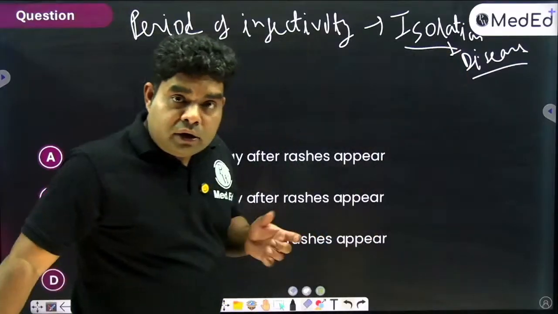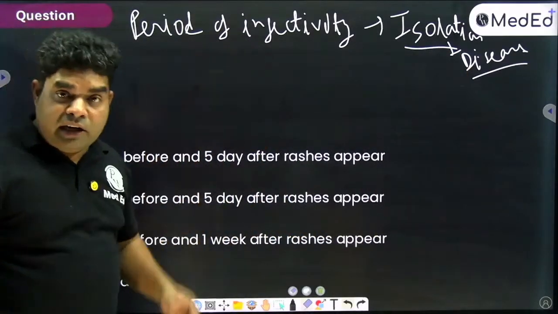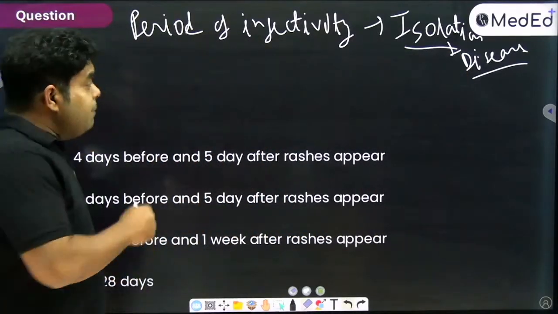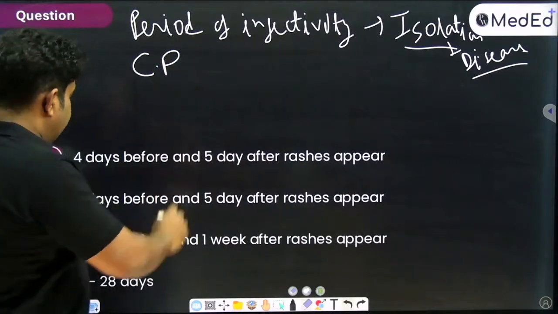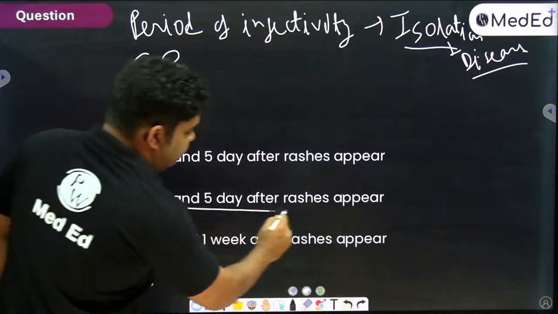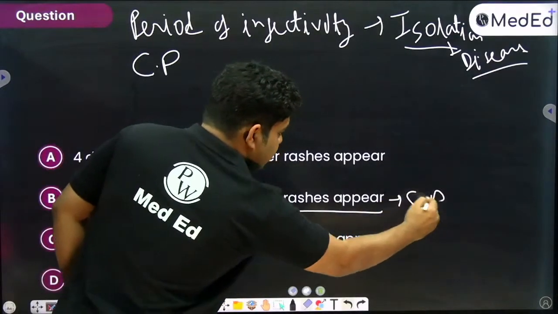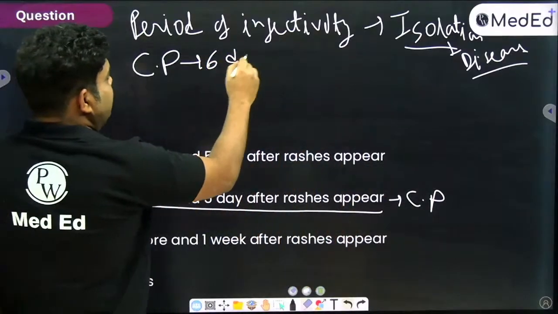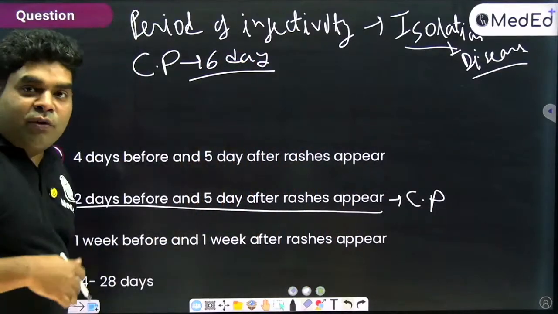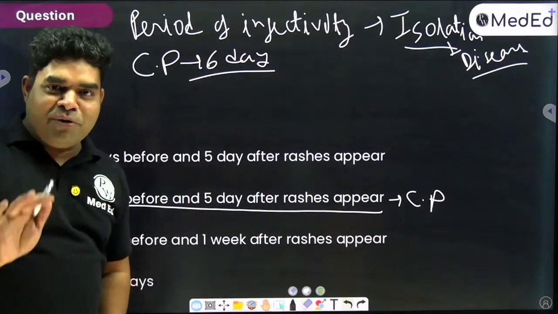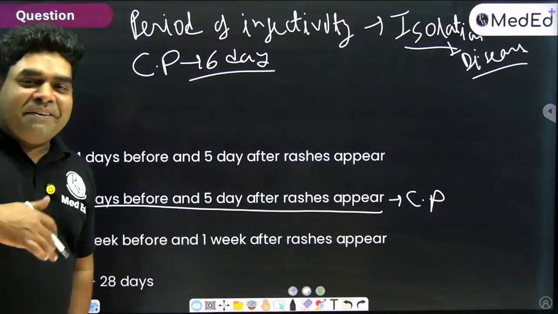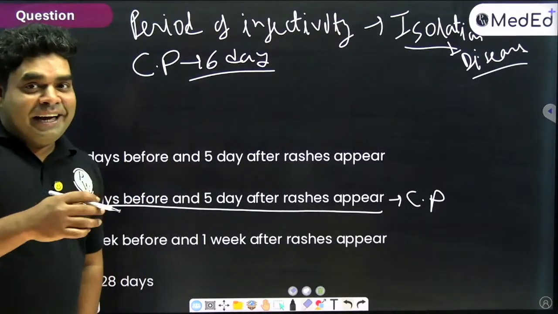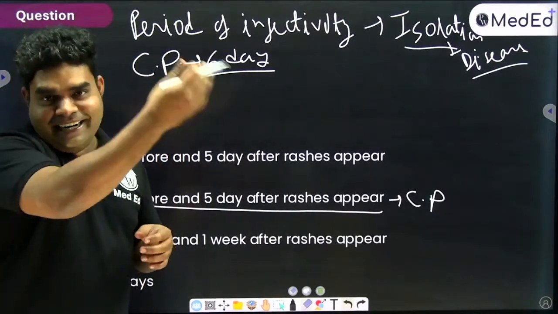Till how long? Till the period of infectivity. In chickenpox, the period of infectivity is 2 days before rash and 5 days after rash. So roughly chickenpox has 6 days isolation. So now Rahul will again be isolated for 6 days, but don't worry too much about Rahul, because in those 21 days he did setting with that lady doctor who was at the airport.